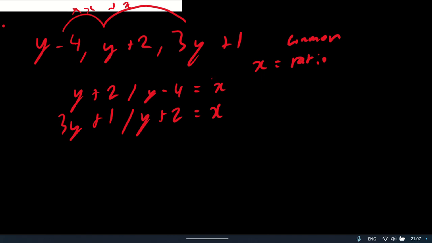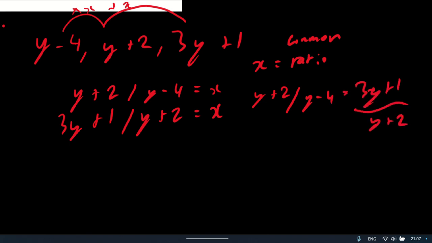Now that both of the equations are equal to x, it means that this equation is equal to that equation. So we can write y plus 2 over y minus 4 is equal to 3y plus 1 over y plus 2.